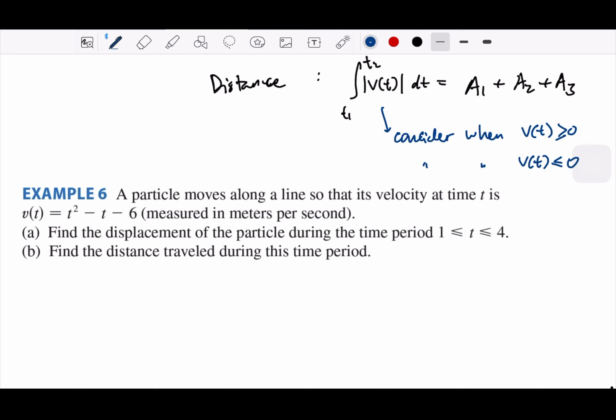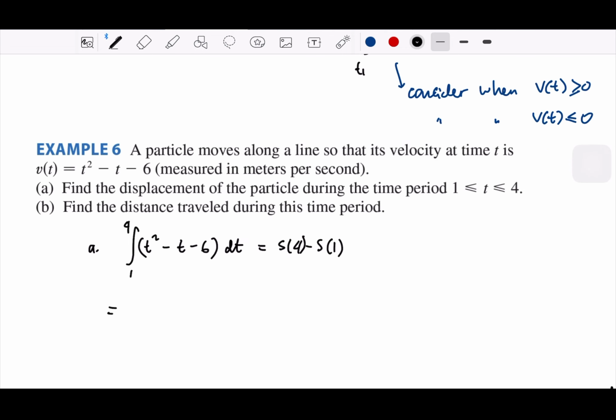So you need to integrate this. For part A, we are going to integrate this, and this is supposed to be equal to s(4) minus s(1), right? We can integrate this using the antiderivative: t cubed over 3 minus t squared over 2 minus 6t.